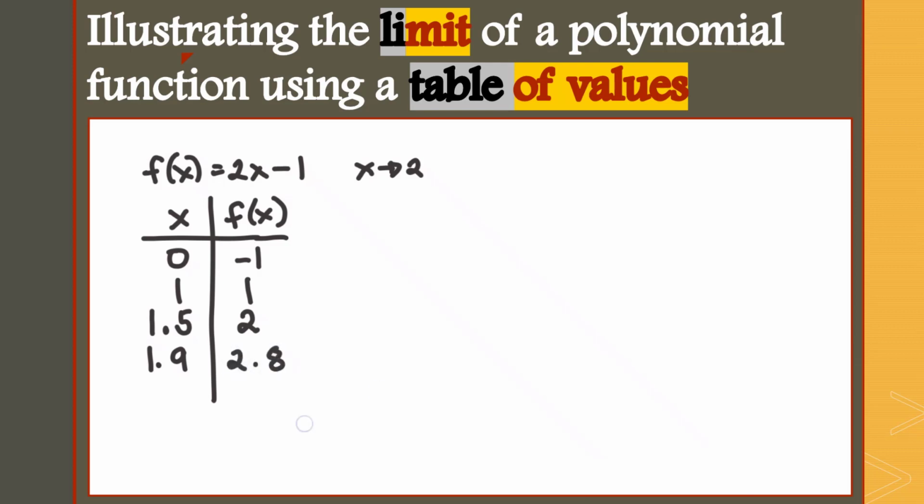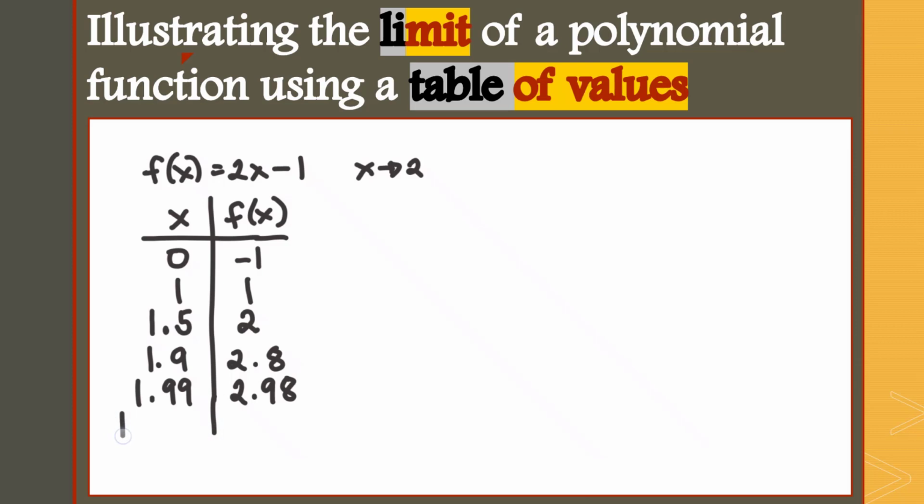Let us try also 1.99, so it gets closer to 2. 1.99 times 2 is 3.98, minus 1, you have 2.98. Let's have one more.